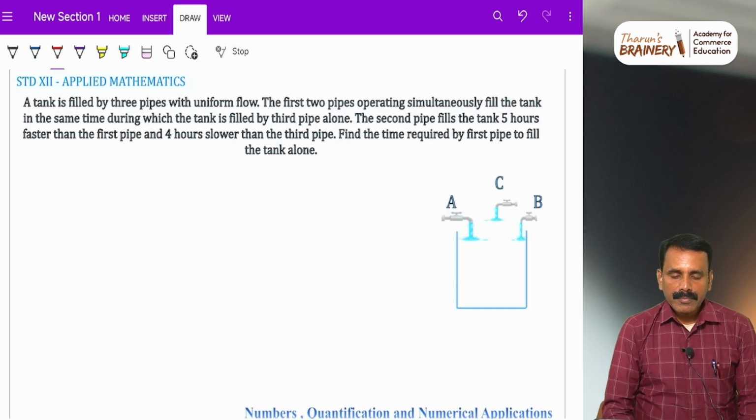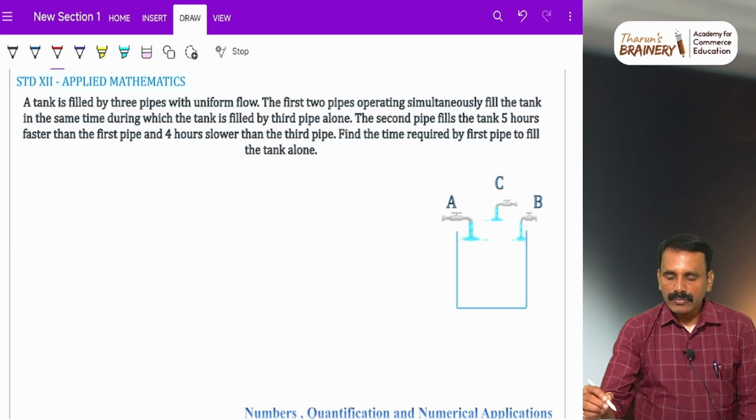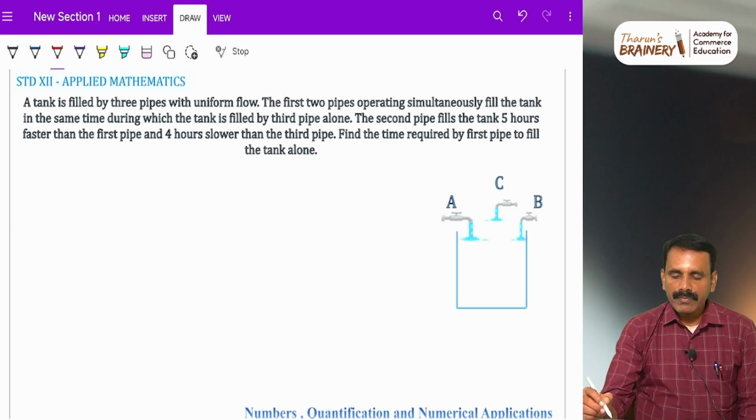In this problem, a tank is filled by 3 pipes with uniform flow. We are having 3 pipes. Okay. The first 2 pipes operating simultaneously fill the tank in the same time, during which the tank is filled by the third pipe alone.